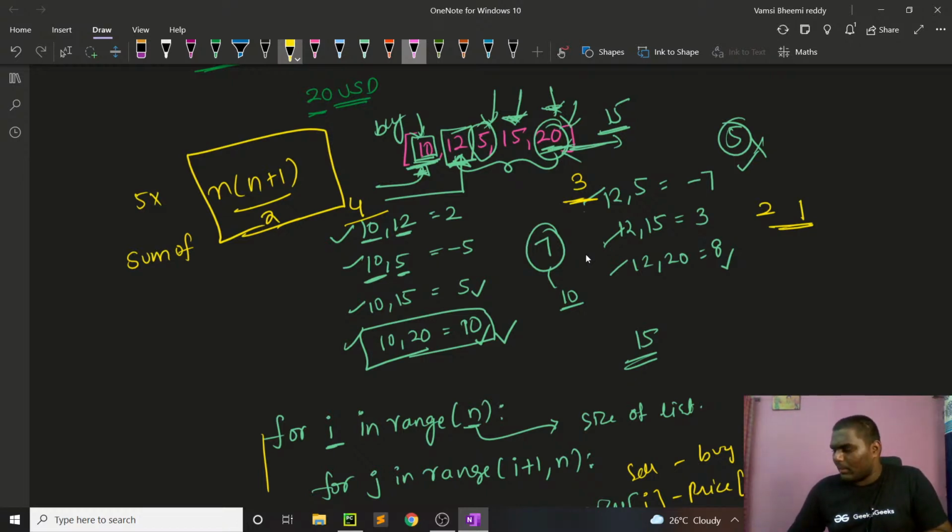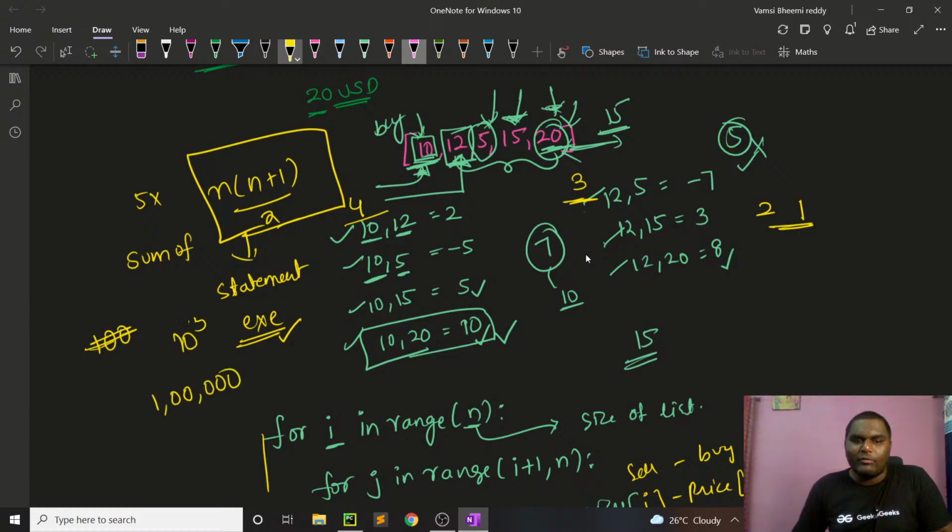So at max you are making these many statement executions, which is very high, right? If you give a number like 10,000, or if you give 1 lakh, which means 10 power 5, then it is not going to execute.